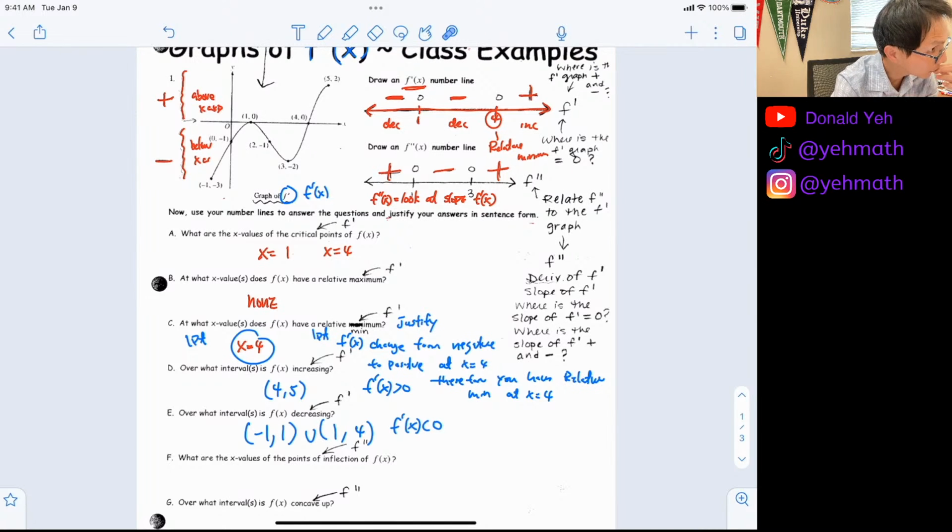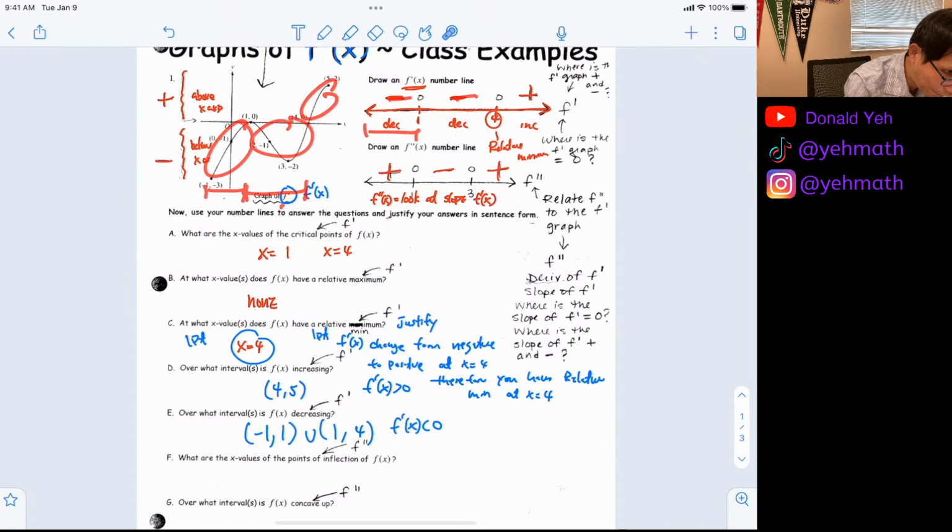How did you get f prime and f double prime from the same graph? Yeah, so for this one I look at whether they are above the x-axis or below the x-axis. Anything up to 1 is below the x-axis. Anything from 1 to 4 is below the x-axis, so therefore it's negative.